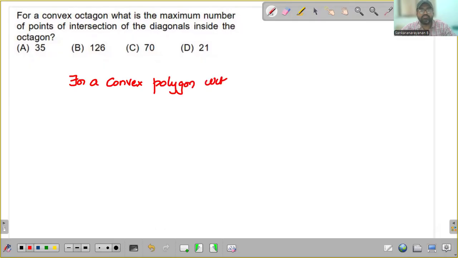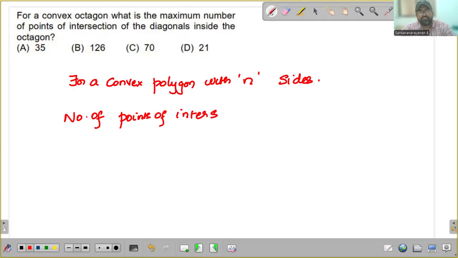For a convex polygon with n sides, the number of points of intersection of diagonals, you know what it will be?